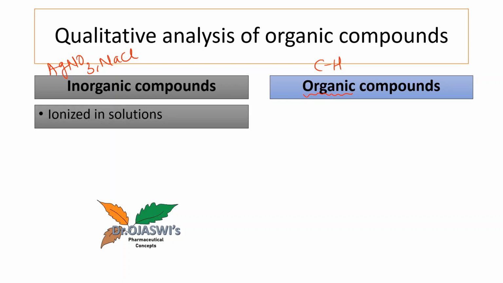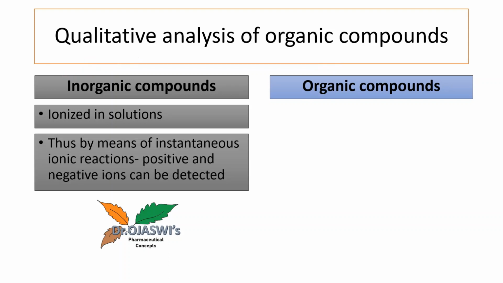Inorganic compounds are usually ionized in solutions, and they can be detected very easily by certain ionic reactions, because here we just have to identify the positive ions and negative ions. For example, sodium chloride: when I put sodium chloride in water, it will get ionized as Na+ and Cl-.